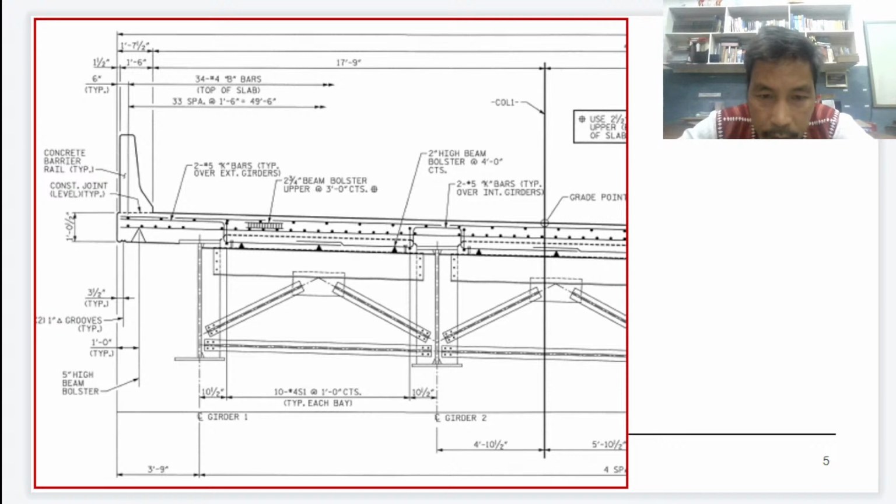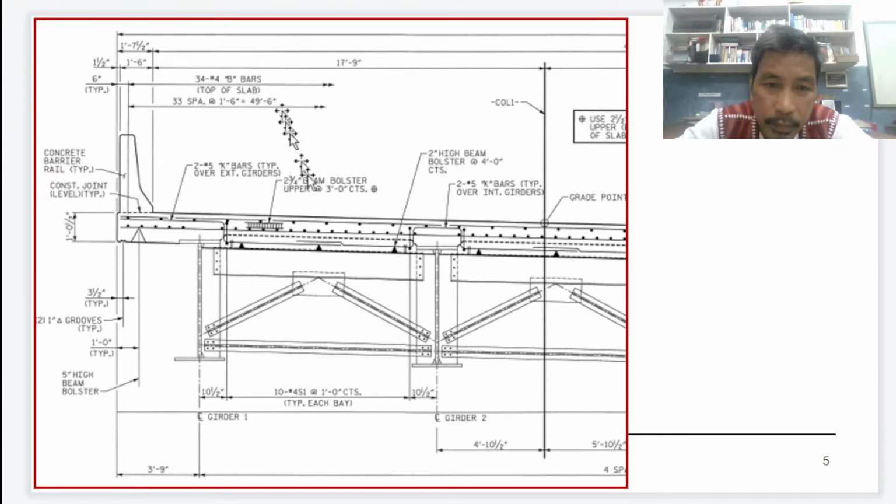So that is typical for it. For example, girder number 2 to girder number 3, that is another bay. And usually these bays are the size of one car or one vehicle. That is the usual thing to do. So typical here, typical there.